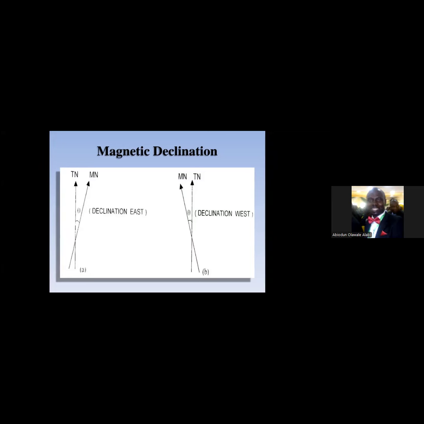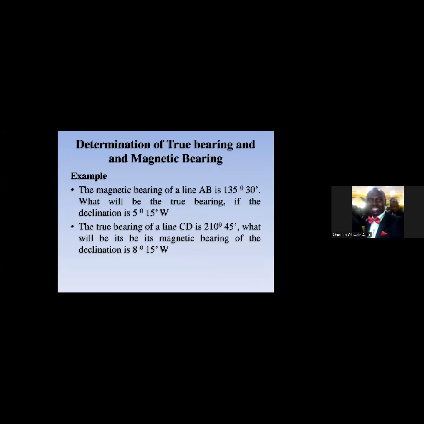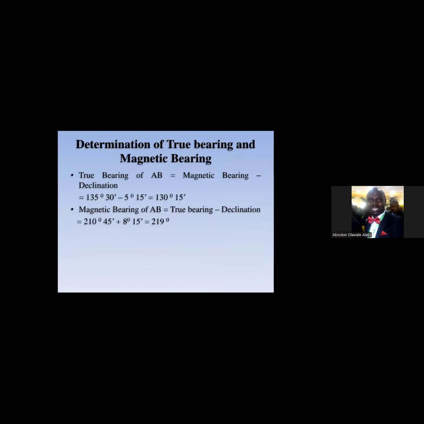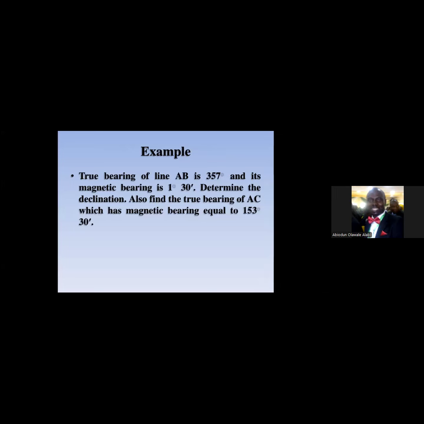Now, in that question we looked at earlier, we were given the true bearing of line AB, which is 357 degrees, in reference to the true north.